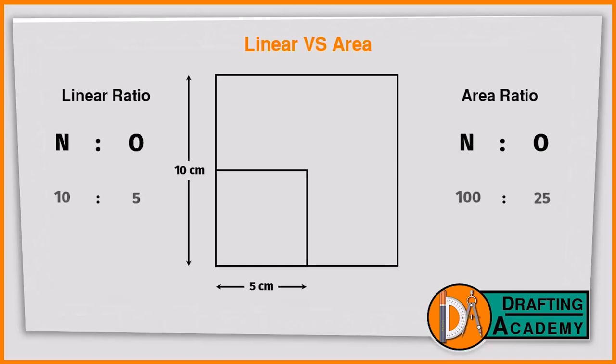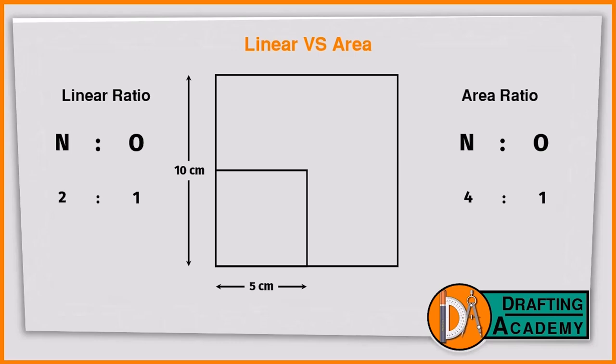How? Let's take, for example, the linear ratio. What we're going to do is divide both numbers by the smallest number of that ratio. So in this ratio, 5 is the smallest, so we say 5 into 5 gives us 1. 5 into 10 gives us 2. The same applies for the area ratio, and we result with these simplified ratios.